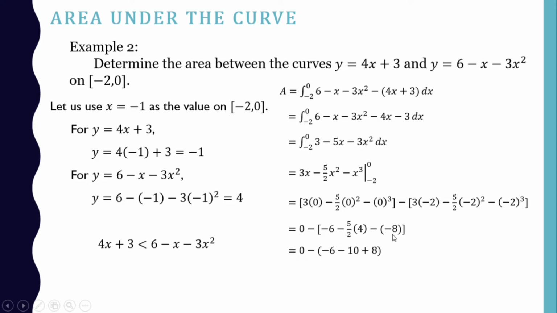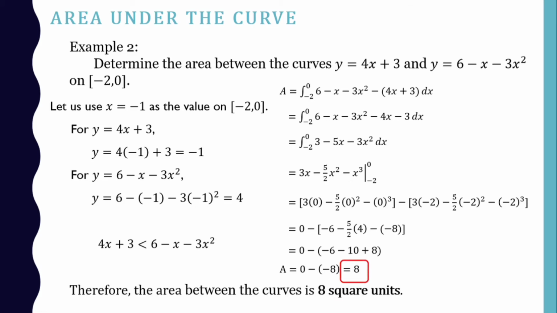Then simplify further, this will be 0 minus -6 minus 5 halves times 4 will give you 10, minus -8, that will be +8. So that's 0 minus -6 minus 10, that's -16, plus 8, that's -8. So 0 minus -8 will give you +8. Therefore, the area between the curves is 8 square units.